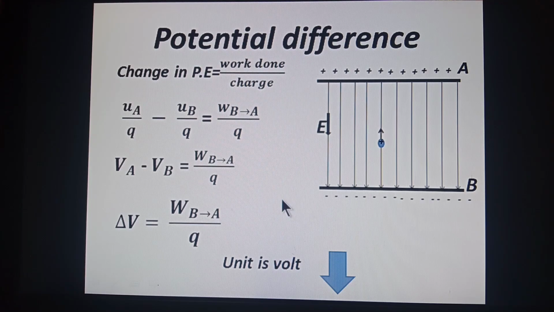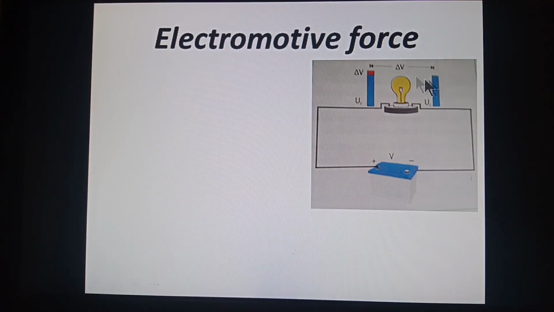Students, in this context we use another term, and that is called EMF, or electromotive force. Look at this diagram. A bulb is connected with a voltage source or a battery. To maintain the steady flow of current in the bulb, we need a constant potential difference across its terminals.